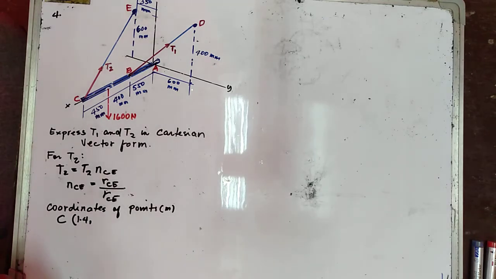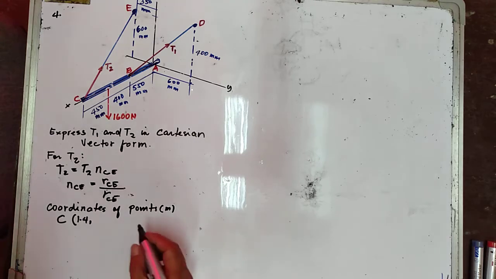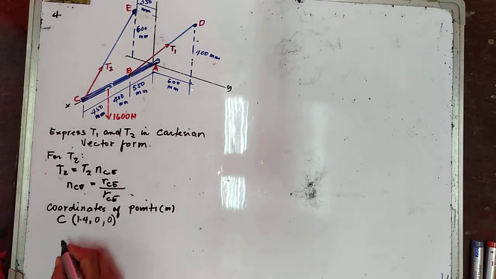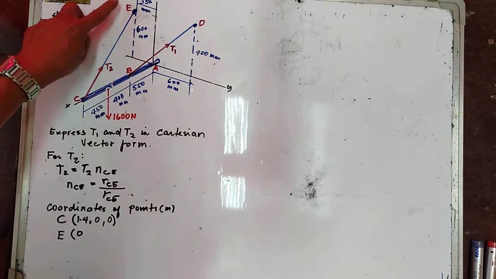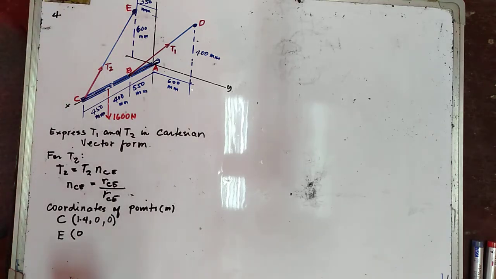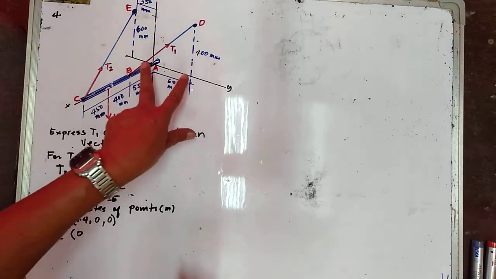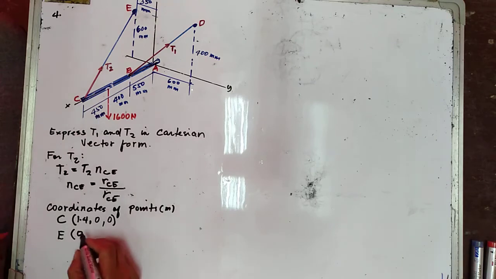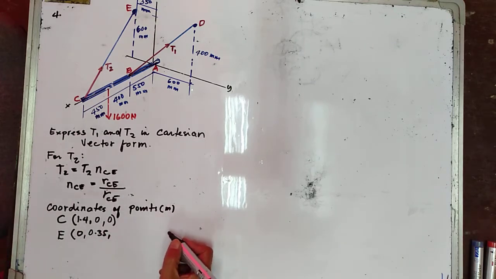Next is your y coordinate. Your y coordinate is 0 and the z coordinate is 0. For point E, we have x is 0, then we now have y, which is 350 mm, or 0.35 meter.